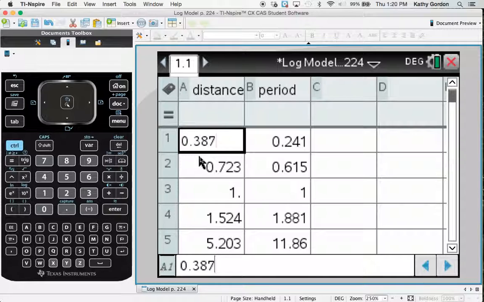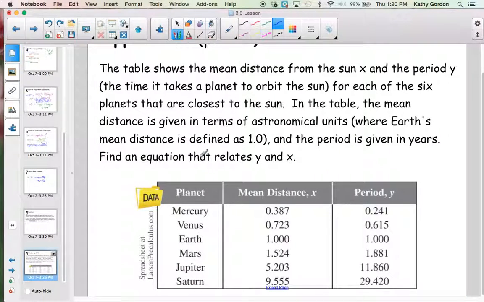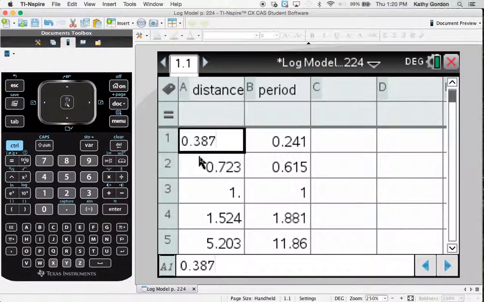On the table, our first column was our distance and our second column was the period. So that's how we're going to set it up here to keep it consistent.